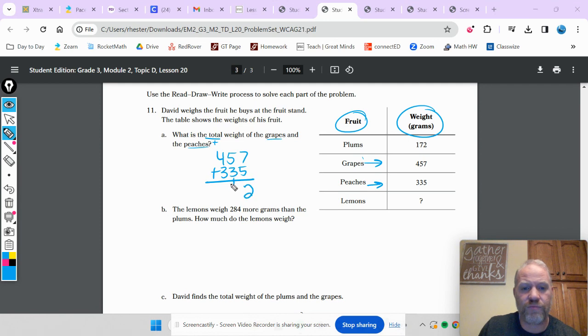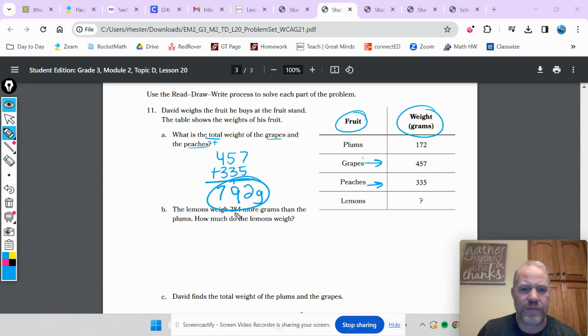We have to bundle because 12 does not fit in the ones. So 10 ones get moved over to the tens. 5 plus 3, 8 plus 1, 9. 4 plus 3, 7. Now it says what's the total weight of the grapes and peaches? Weight is in grams, so 792 grams.